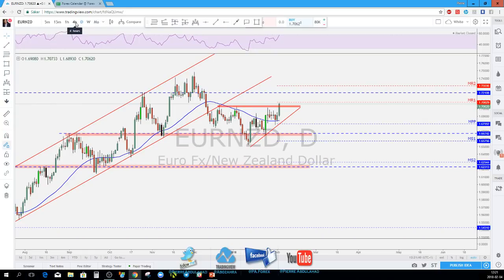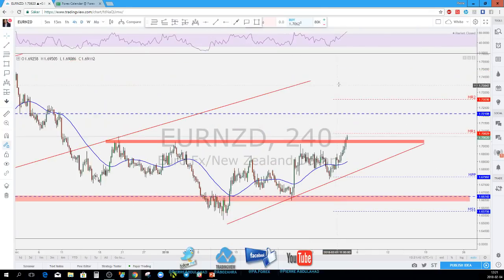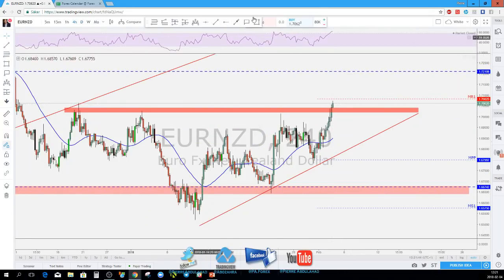So this may continue higher, and we should be looking to buy the dips here. Of course, your last line of defense should be this possible trend line, in anticipation of continuing higher.